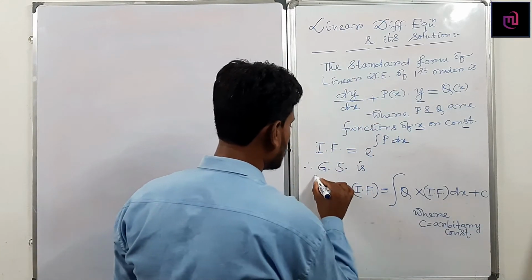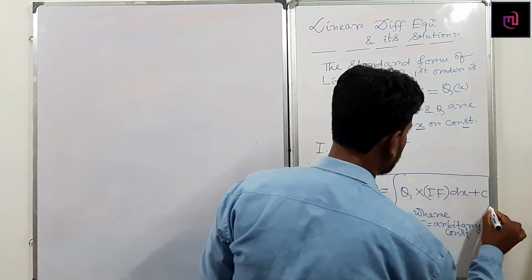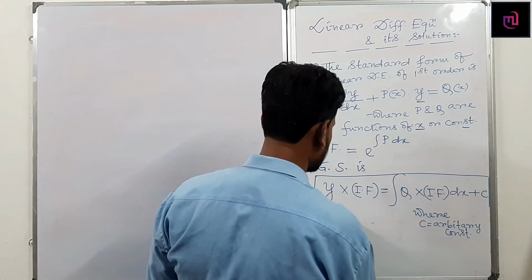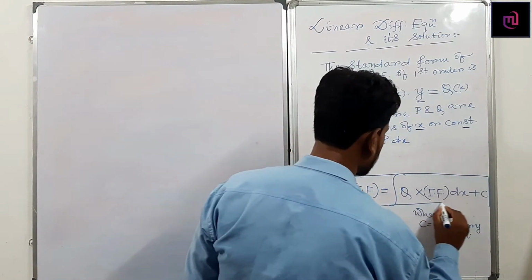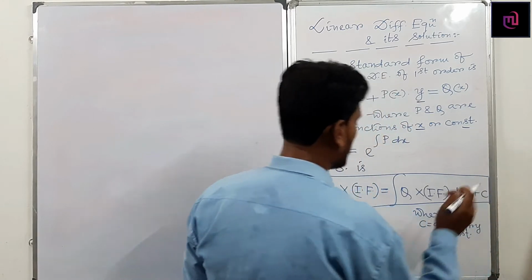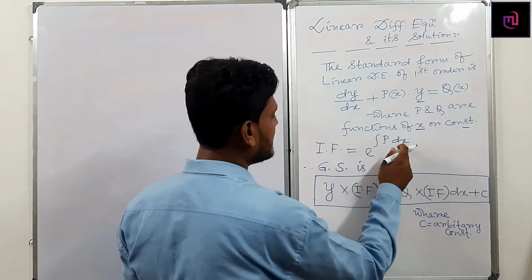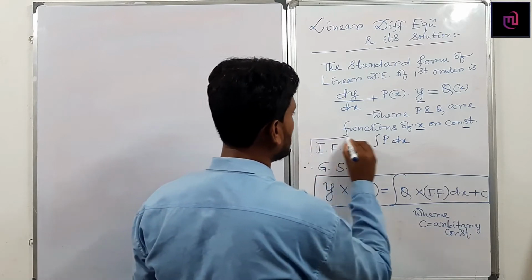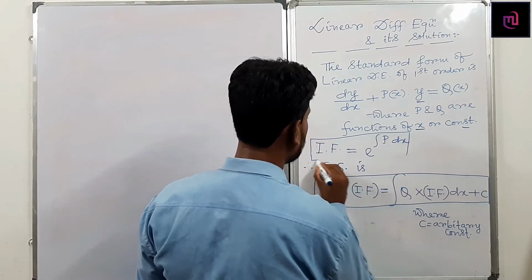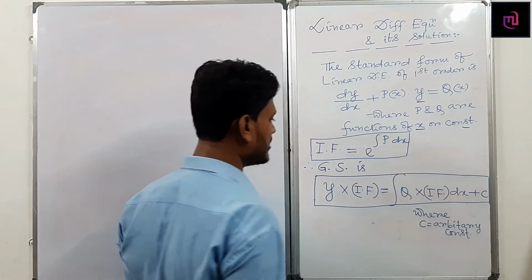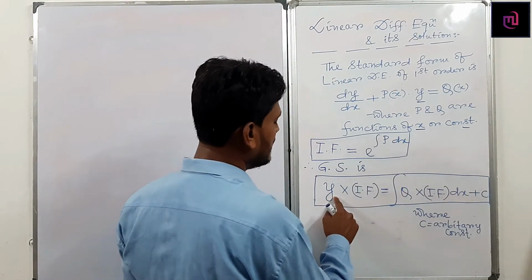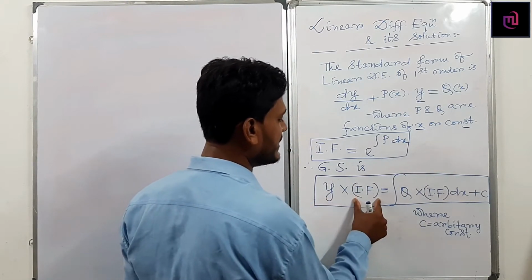So first of all, whatever the problem is given, you have to check whether this is linear or non-linear. If it is linear differential equation, how to find the solution? Integrating factor it becomes e to the power the integration of p dx. Then what is the required general solution? General solution becomes dependent variable into integrating factor.